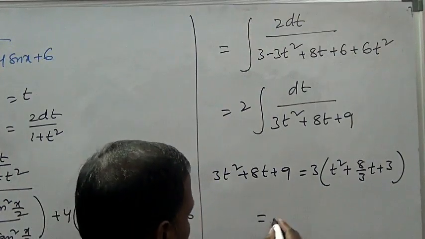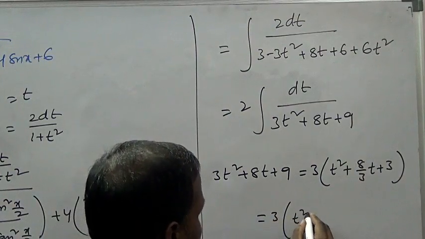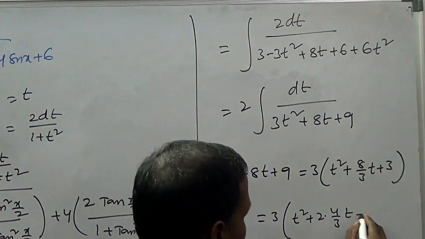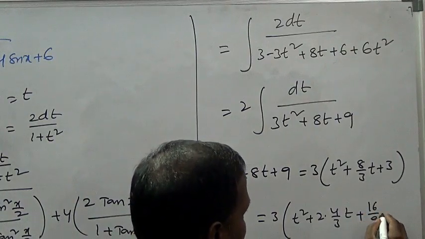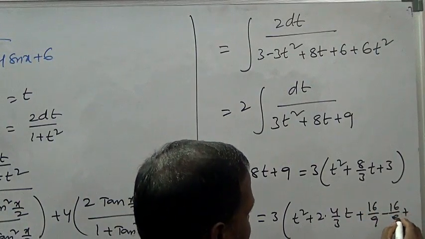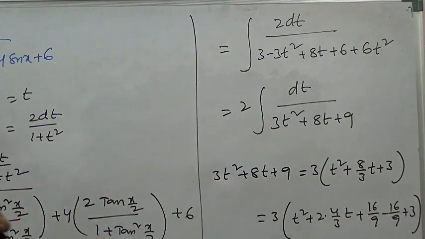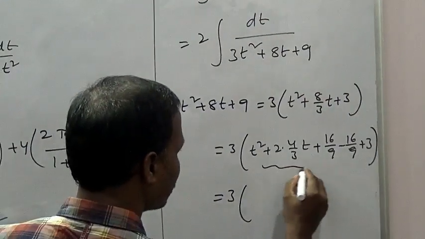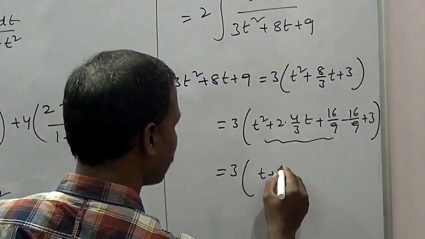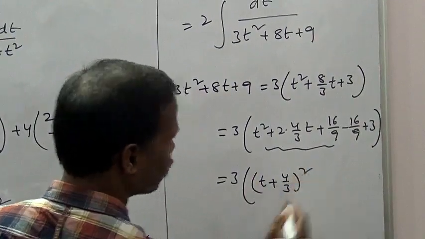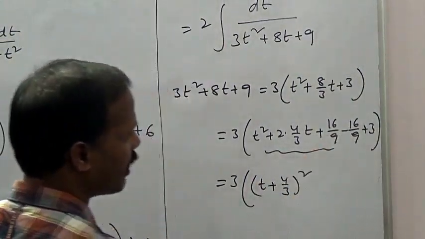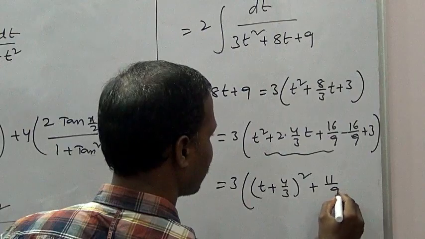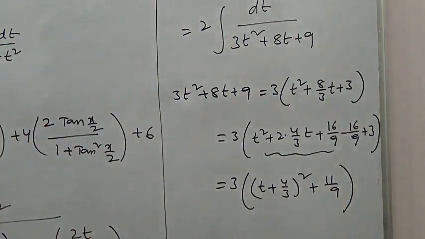Now this is equal to 3 into t square plus 2 into 4 by 3 t plus 16 by 9 minus 16 by 9 plus 3. So b square term adding and subtracting. So this is equal to 3 into, what is the value of this one? t plus 4 by 3 whole square. Now this is 27 minus 16, 11 by 9, 11 by 9.